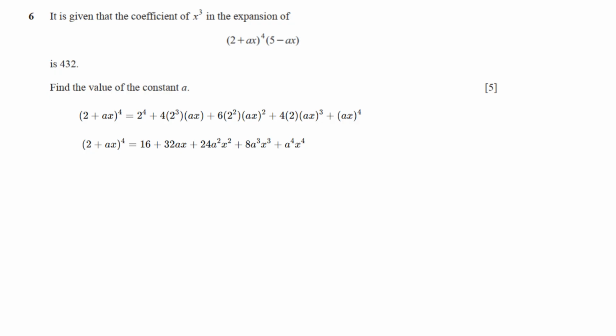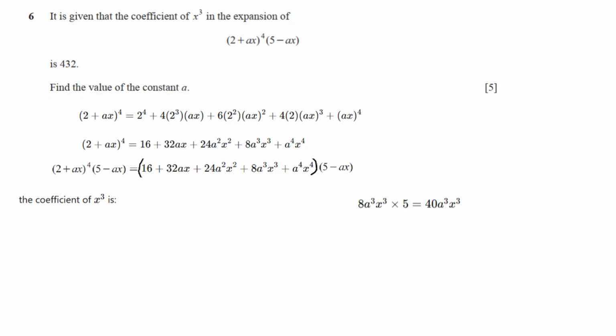Now multiply this by 5 minus ax and collect the x cube terms. To get an x cube term in the product, we have to multiply 5 by 8a cube times x cube, which gives the x cube term, and minus ax should be multiplied by 24a square x square, which gives minus 24a cube x cube.